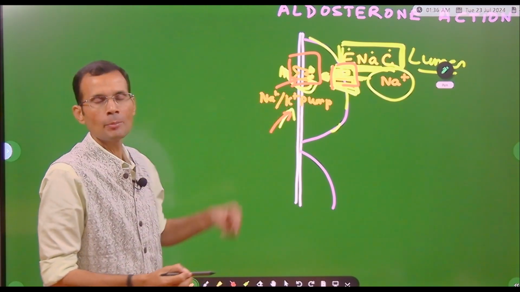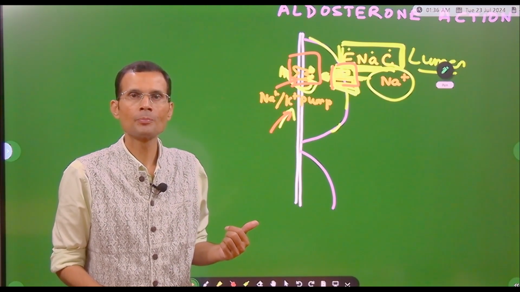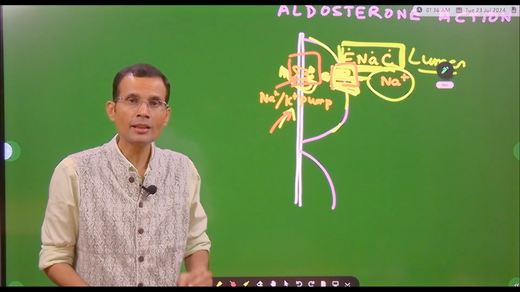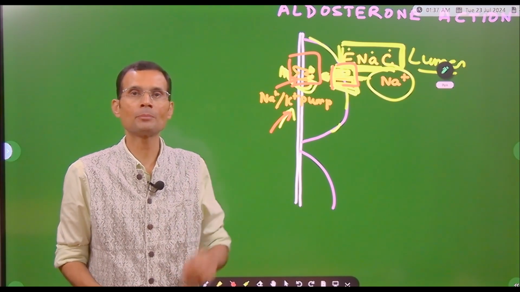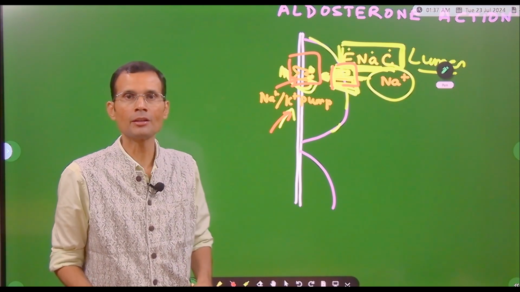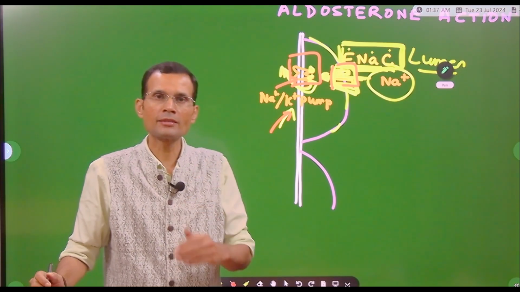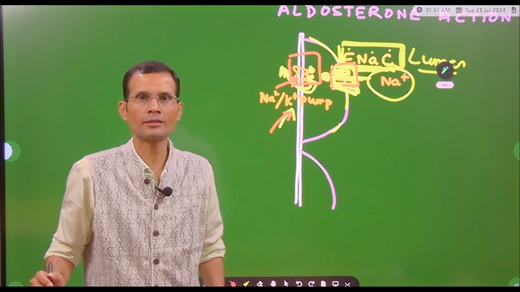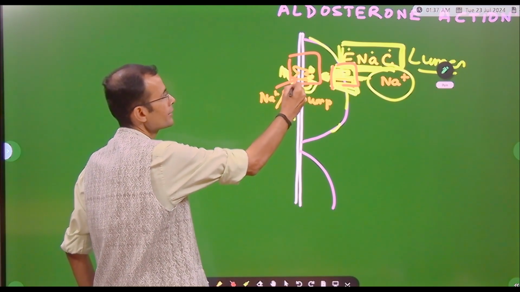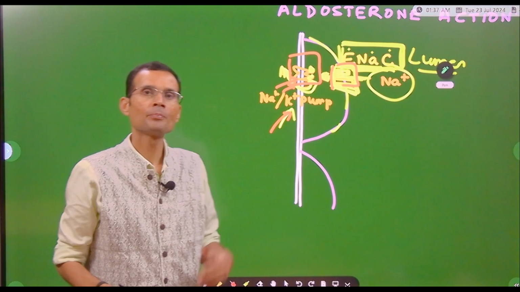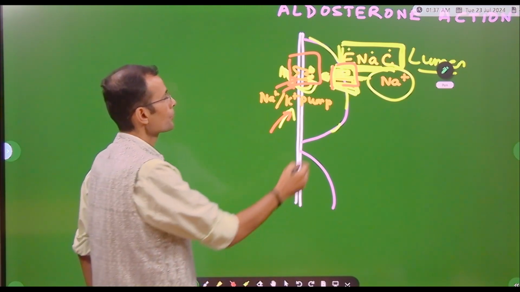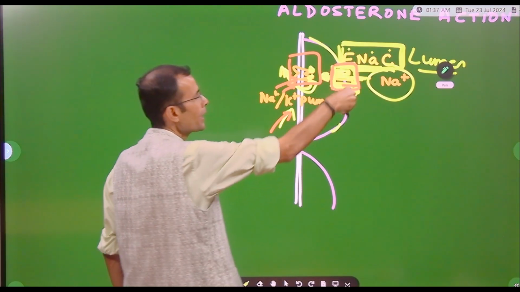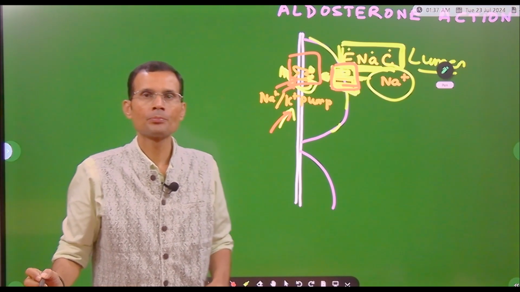On the basolateral membrane there is the sodium potassium pump. Aldosterone simply increases the number of sodium potassium pumps on the basolateral membrane. You know, aldosterone has a nuclear receptor, so it can cause protein synthesis, and therefore it can synthesize new sodium potassium pumps. The number increases here. On the apical membrane there is ENaC.